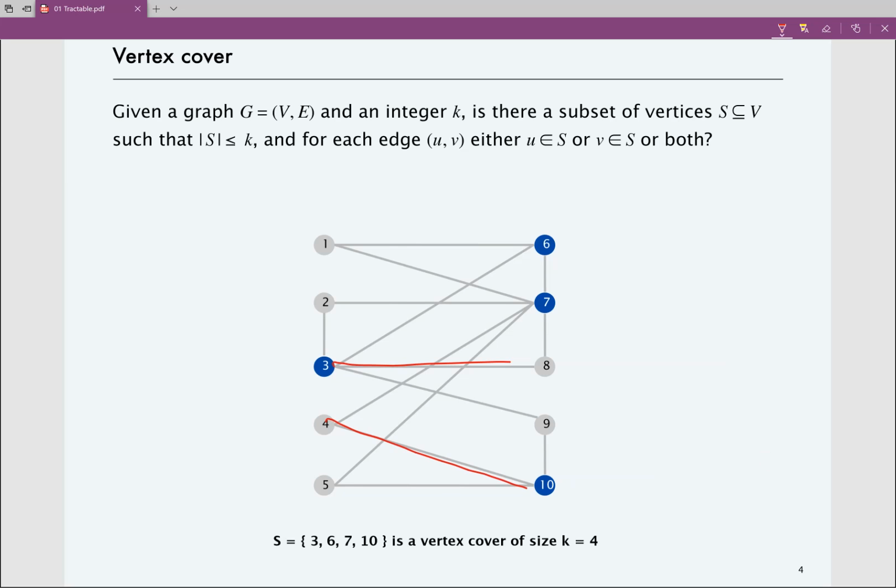If you take this edge, it is covered by node 3, and so on. So these 4 nodes form a vertex cover of the graph. The vertex cover problem is: given a graph and an integer k, is it possible to find k nodes in the graph to cover all of the edges?